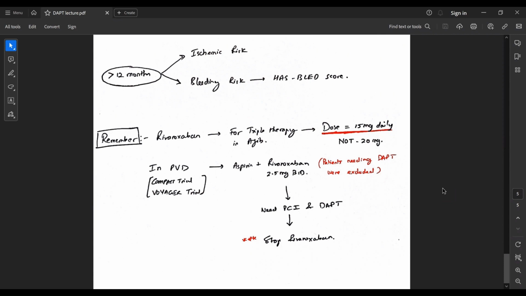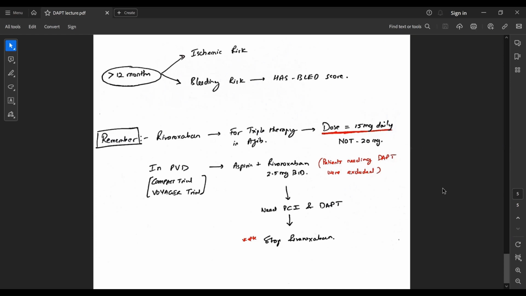In the COMPASS trial, it was shown that using aspirin and rivaroxaban 2.5 milligram twice a day had better cardiovascular outcomes, but it also had more major bleeding events as compared to those who only received aspirin.